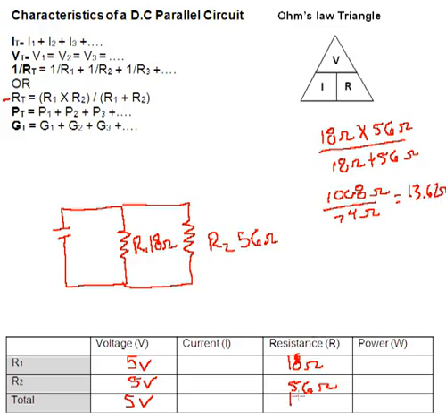So now we can write that here. Notice how this total resistance is smaller than the smallest resistor in a parallel circuit.